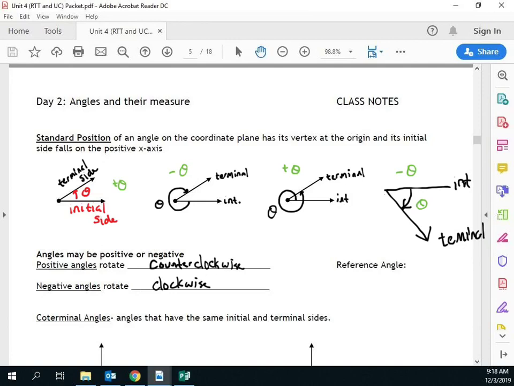And let's talk about one thing that's going to be really, really important when we talk about pre-cal, big time when we're doing unit circle stuff. Reference angle. Reference angle has a few things you've got to think about. It is an acute angle to the x-axis. Always the acute angle to the x-axis. One more thing. Always positive.